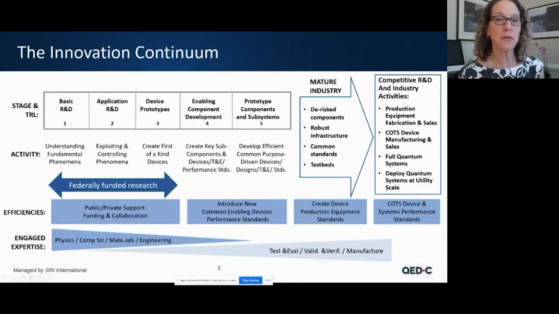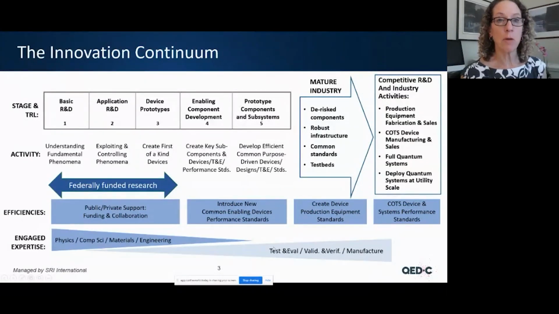At the bottom, I want to draw your attention to the different fields and expertises that are needed as part of this whole process. There are disciplines like science and computer science, or physics, materials, engineering research.